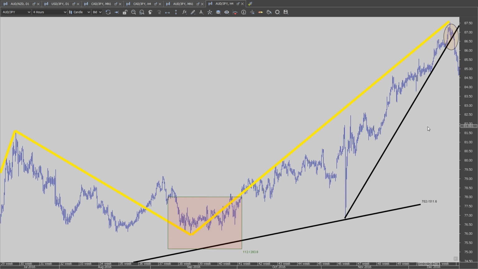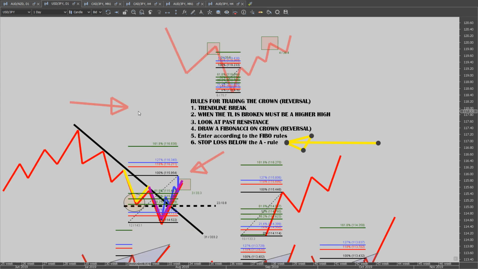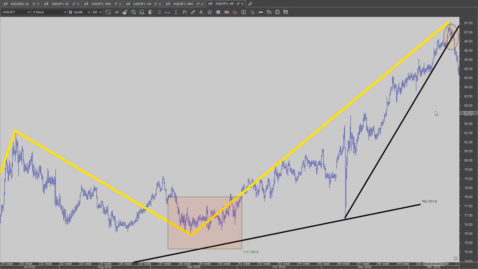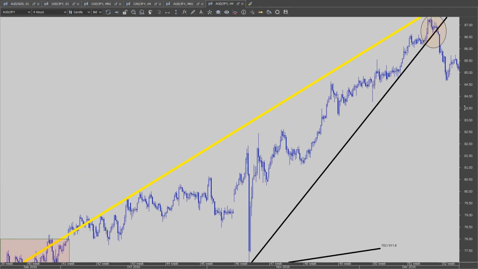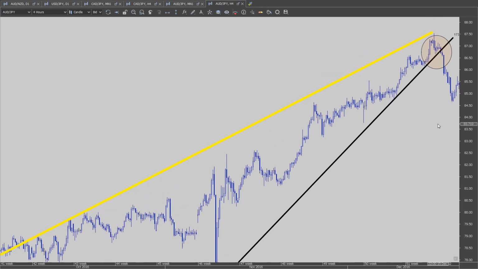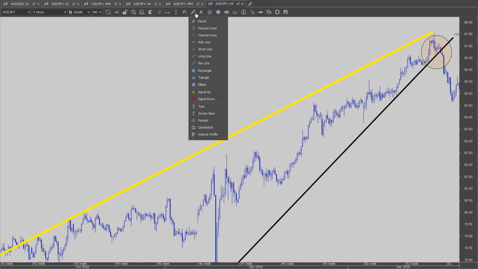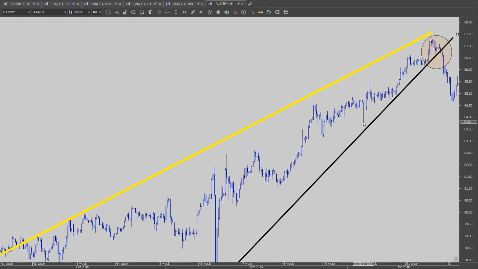Now looking at the rules, when the trend line is broken, there must be a higher high or a lower low in this example. And if you monitor the short-term trend, you're going to have this high, low, high, low, high, and lower low.